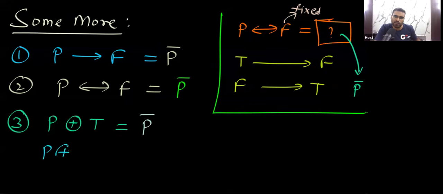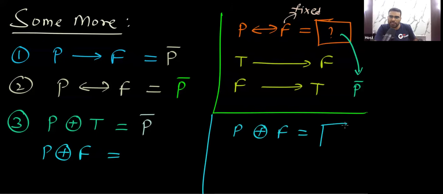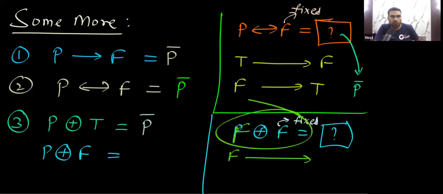For example, what will be P XOR false? Let's prove it. What should I write in the box? This is already fixed. If P is false, then false exclusive or false will be false.